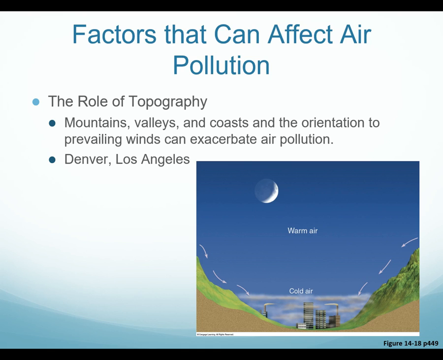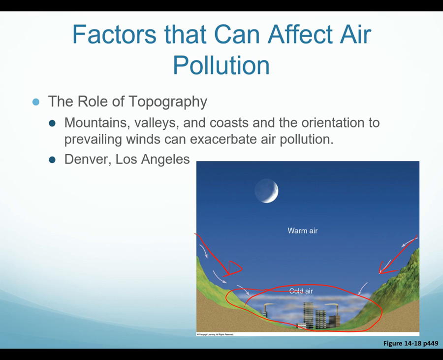So how can topography affect pollution? Well, remember that throughout the day, air rises up mountain slopes, but at night, when the air on top of the mountain gets colder, that air is going to sink. And any pollution that is found at the tops of the mountains, well, they get caught along with that downdraft, and the pollutants build up here in the valleys.